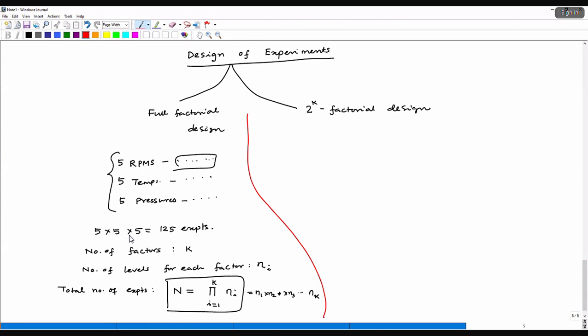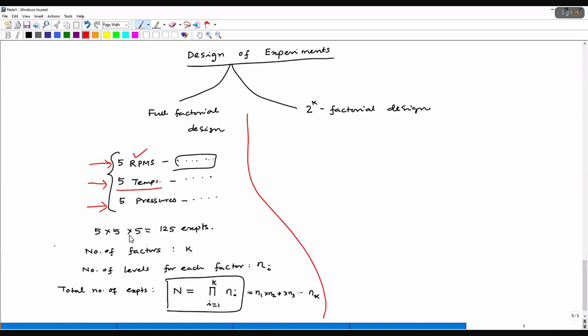What is advisable is to check whether all these parameters have equal influence on the performance, or certain factors are more important, certain factors are less important. Okay. Let's say you find that the effect of temperature is not that significant, whereas the effect of RPM is very significant.